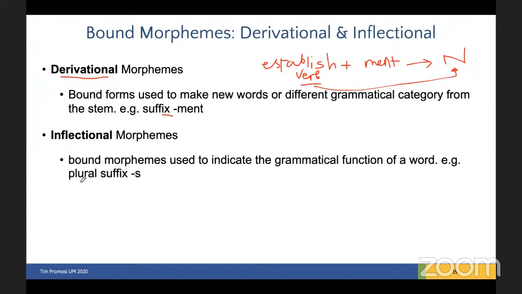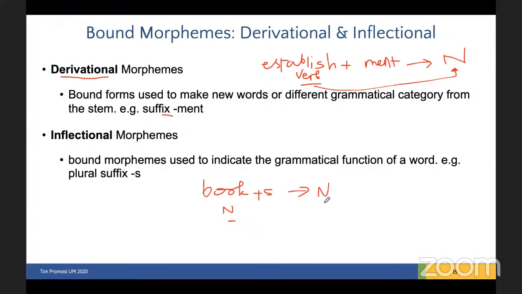Nah, sekarang inflectional morpheme. Inflectional morpheme adalah bound morphemes used to indicate the grammatical function of a word. For example, plural suffix s. Jadi contoh saya yang tadi, book, ketika diberi inflectional morpheme s menunjukkan plural, ini noun, books, tetap noun juga. Jadi grammatical kategorinya tidak berubah.